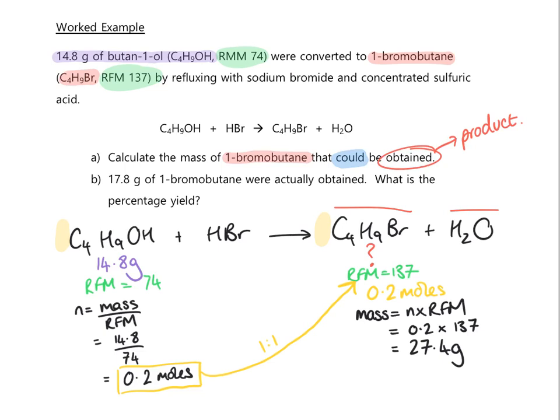Essentially what part A is asking you to calculate is your theoretical yield, and we do that by using our normal moles calculations. Our normal moles calculations tell us the maximum mass of product that we can form from a reaction if all of our reactant converts into product, and that would be assuming a 100% yield, which we know in reality doesn't often happen.